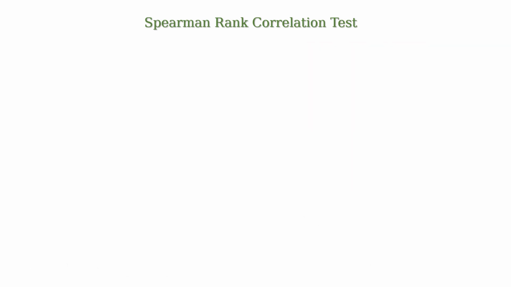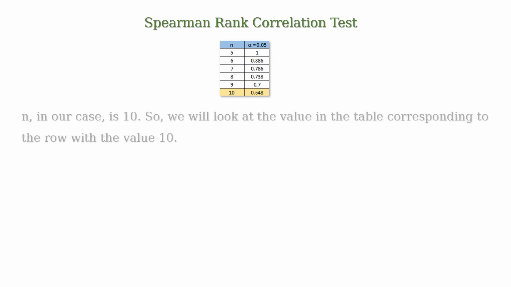Now, we will look at the Spearman rank correlation coefficient table to find out the critical value for alpha equal to 0.05. N in our case is 10. So, we will look at the value in the table corresponding to the row with the value 10.